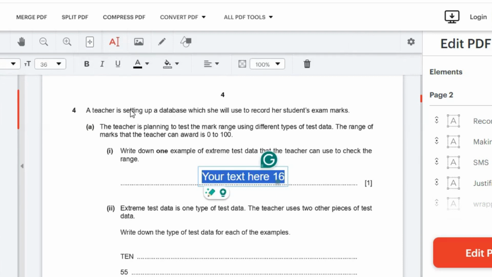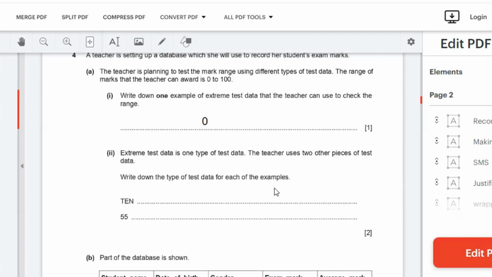So one example is 0. All right. So you can use 0 or you can use 100, any one of the two. So let's go to 2. Extreme test data is one type of test data.